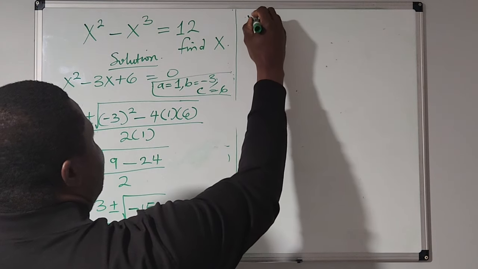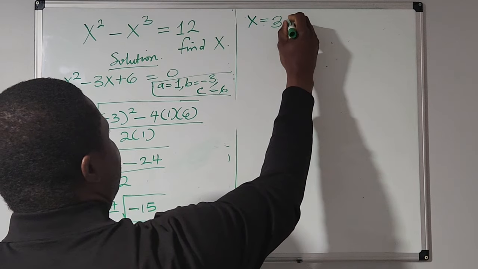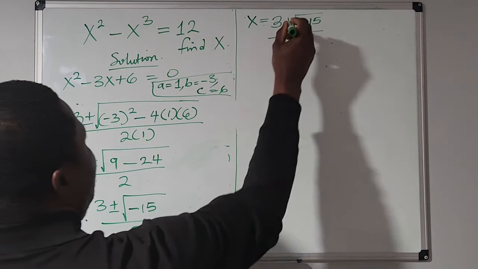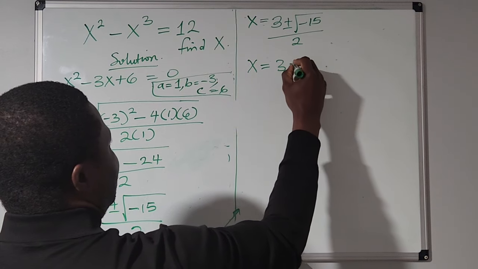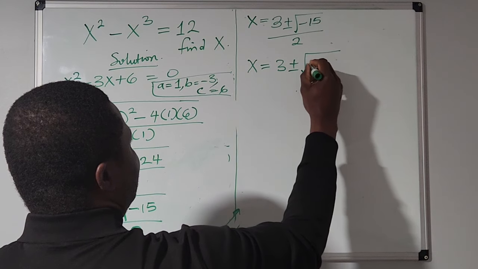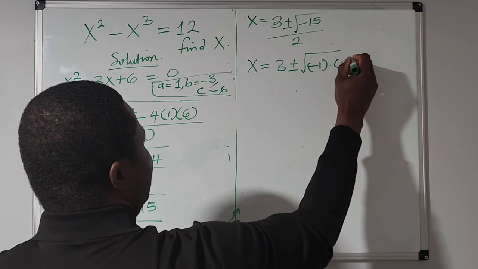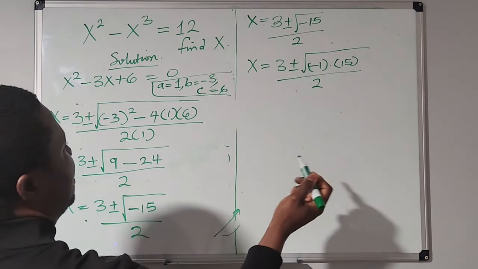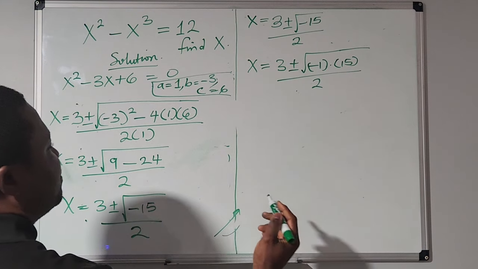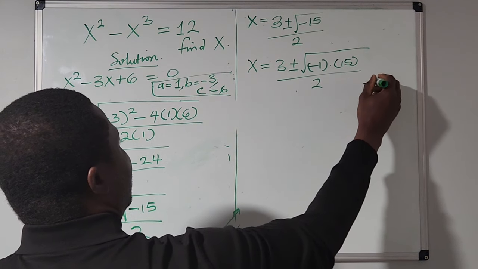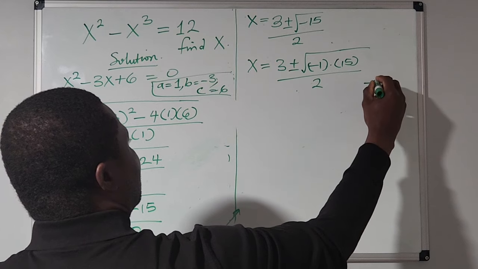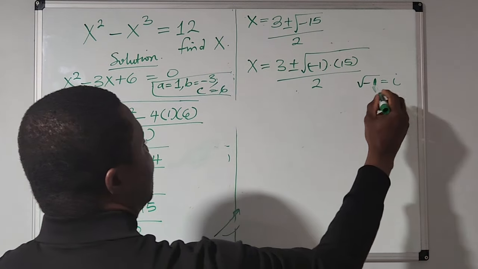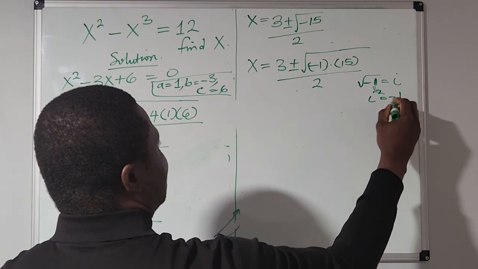So now we have that our x is equal to 3 plus or minus the square root of 15 divided by 2. Let's rewrite this as plus or minus square root of minus 1 times 15. That's the same thing. Minus 1 times 15 is minus 15. They're still both under the same square root. Okay? Now we know that the square root of minus 1 is equal to i, or i squared is equal to minus 1.